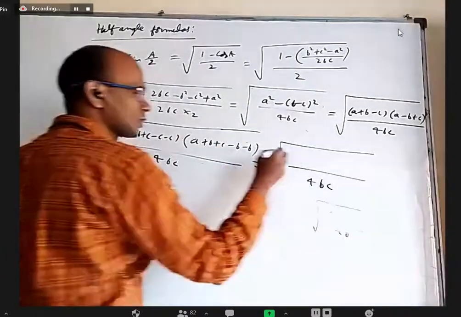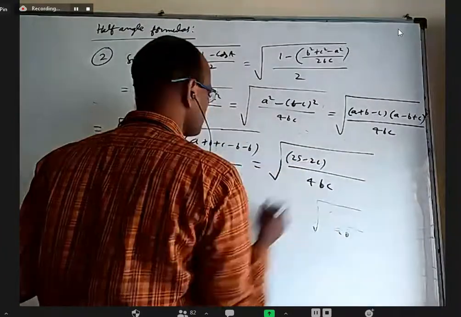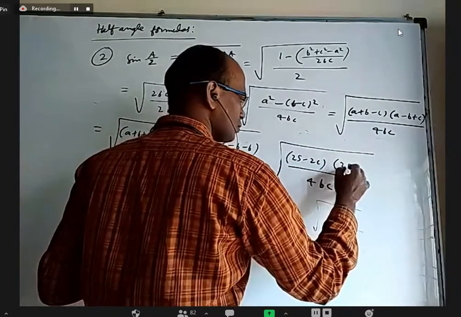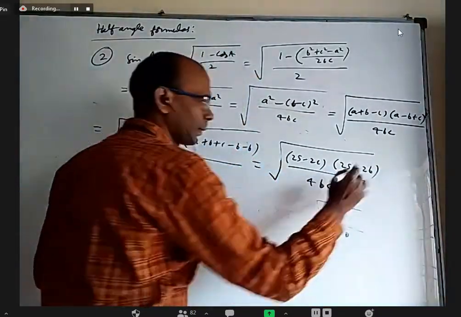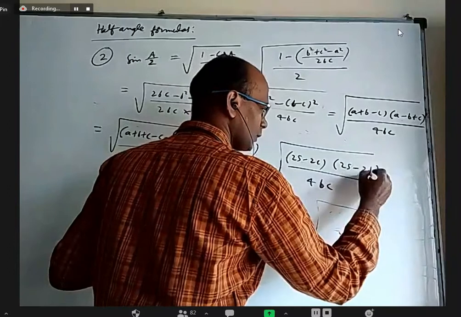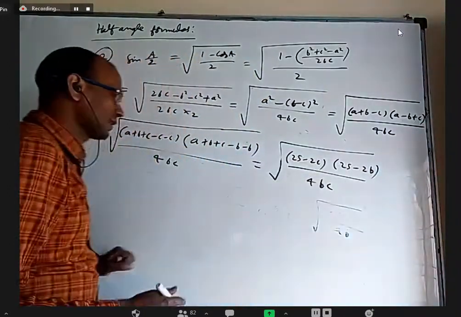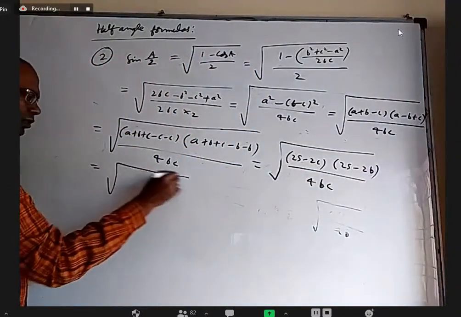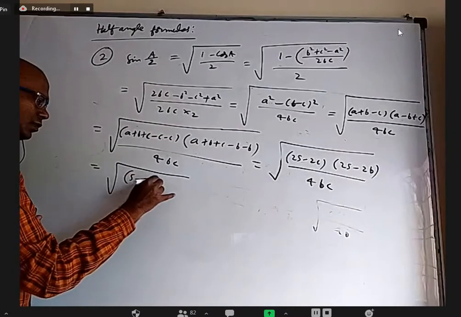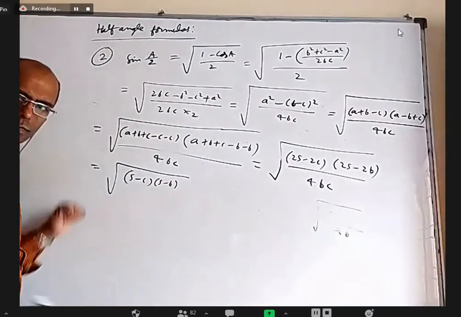A plus b plus c is 2s. So this is 2s minus 2c. This is 2s minus 2b. I can take 2 common, cancel. You will get square root of (s minus c) into (s minus b) by bc.